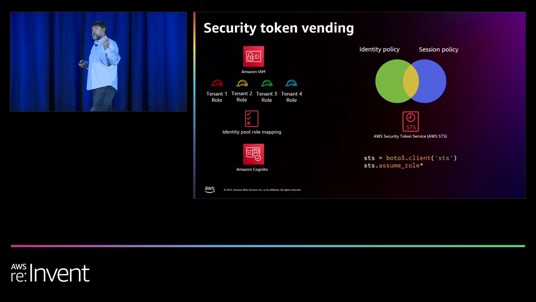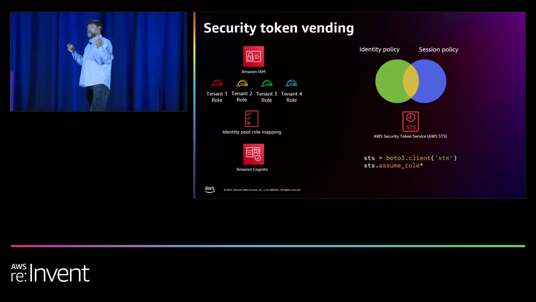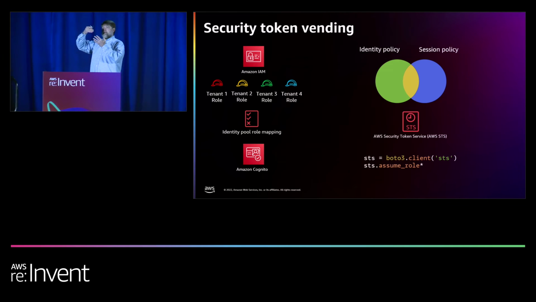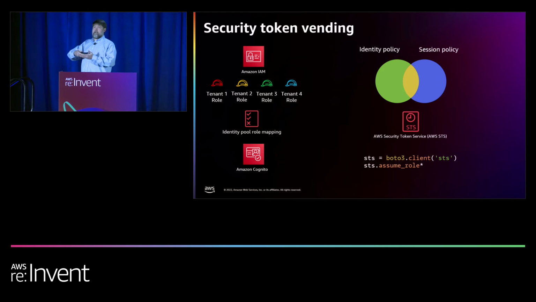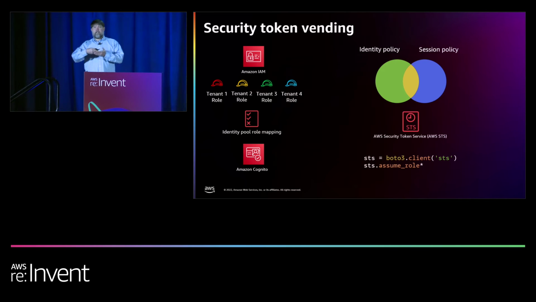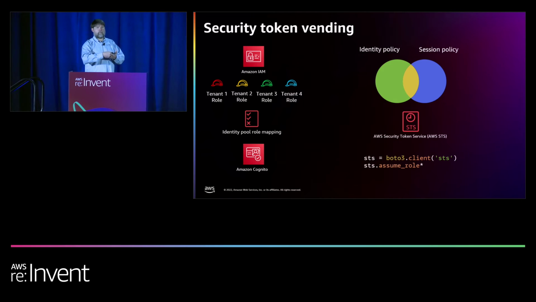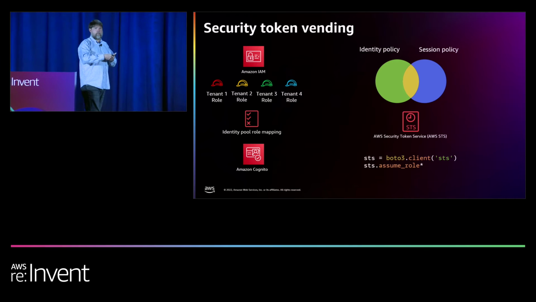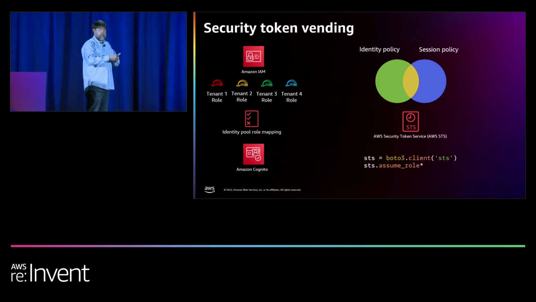And then at runtime, we can create what we call a session policy. And we can lay that session policy on top of the identity policy. And the intersection of those two, which is the little yellow shape in the middle, represents the set of permissions that we want to be able to use at runtime.